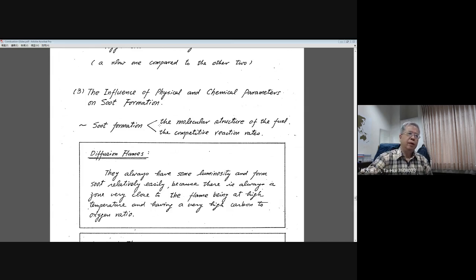Okay, now for soot formation, you need to consider these two major controlling factors, and then think about how to look at them and control them. And sometimes you need to prevent the soot formation. Sometimes you need to understand how to manage soot formation.